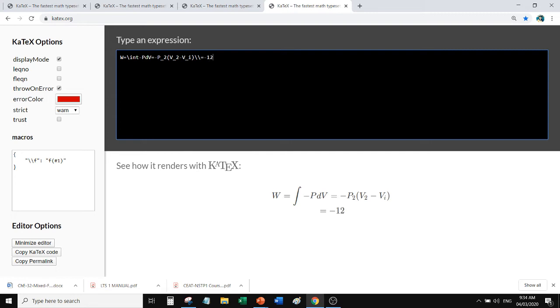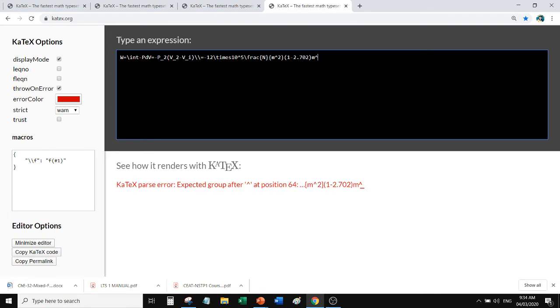So P2 is 12 times 10 to the 5 Newton per meter squared. And then V2 is 1 meter cube minus Vi. We solved this earlier.